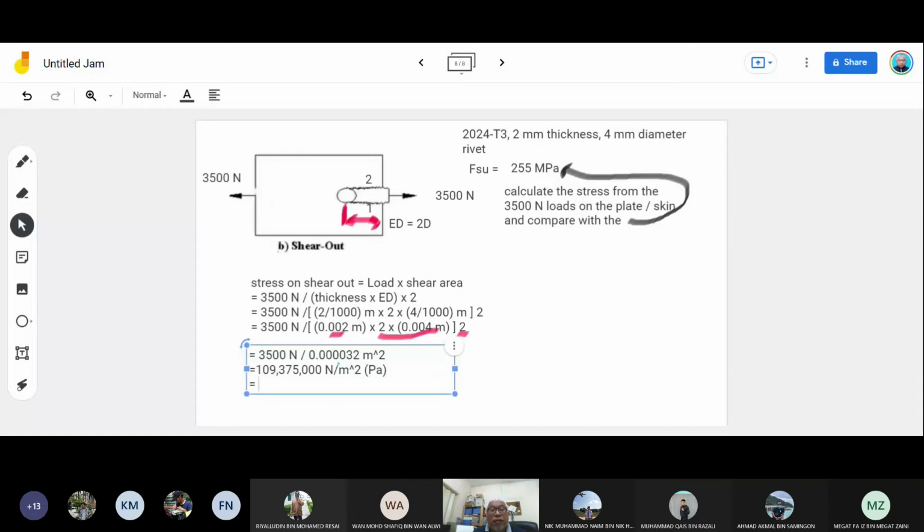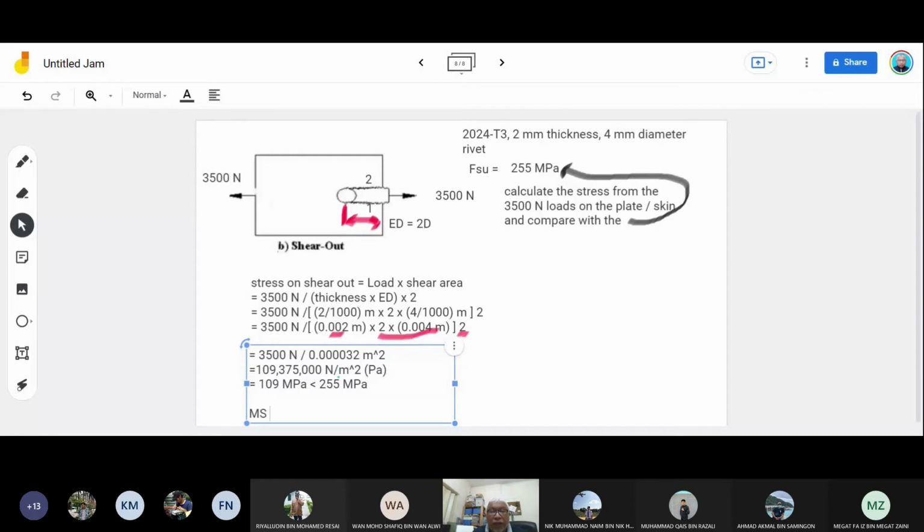And then we convert to 109 mega Pascal, and the allowable is 255 mega Pascal.